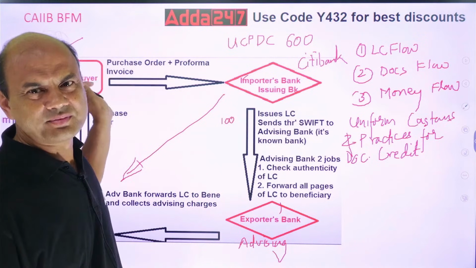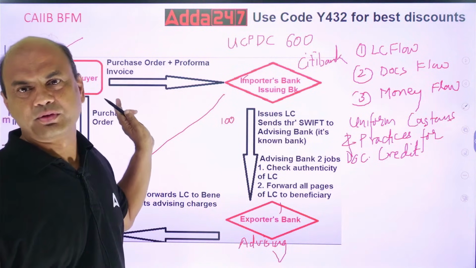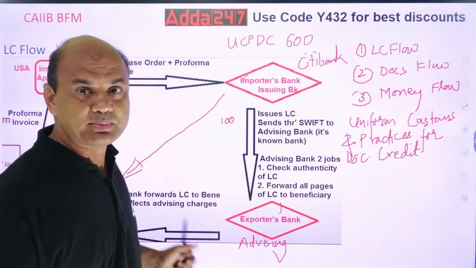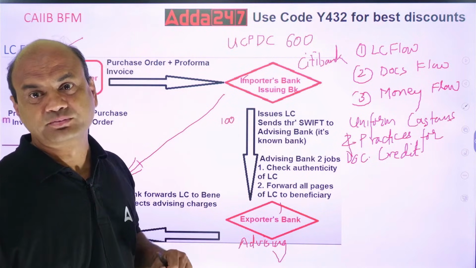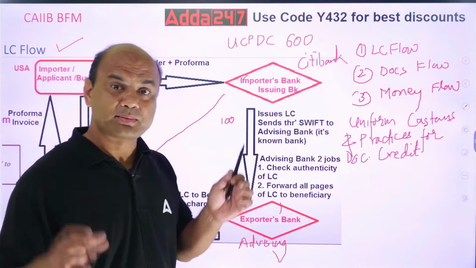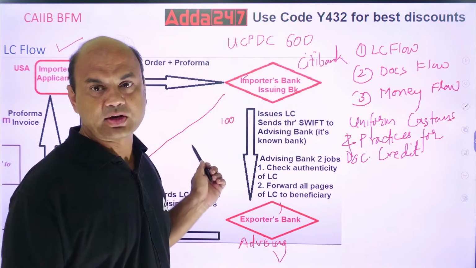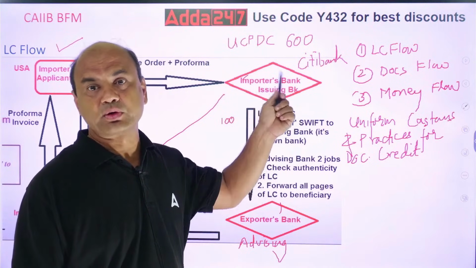Forget this buyer. I will pay you. So now what happens? This beneficiary or the seller can trust the bank because the bank is a big institution. So this seller or exporter will trust this bank and this document.